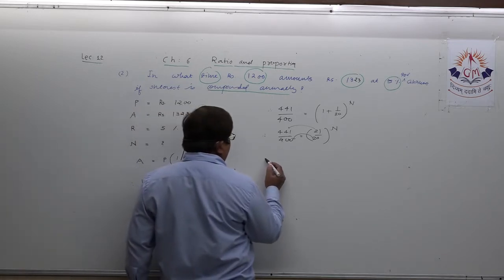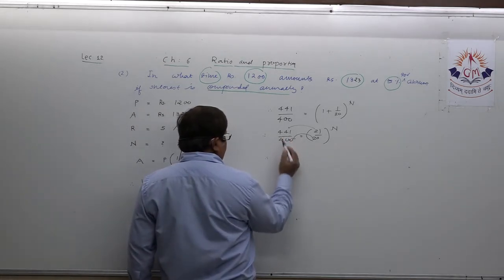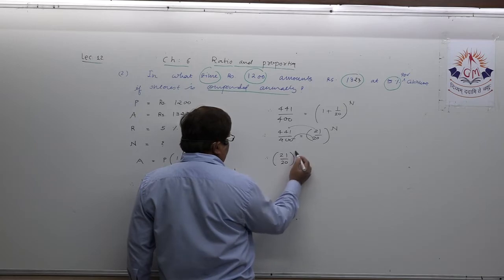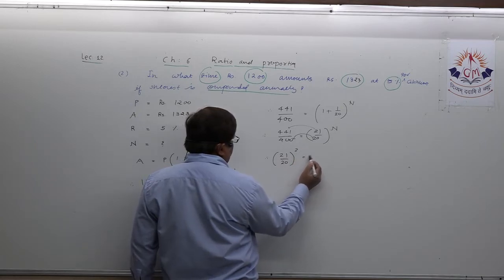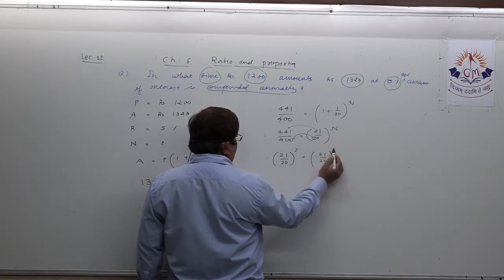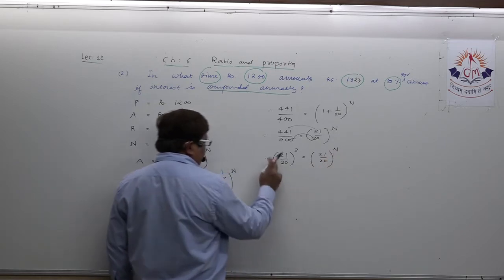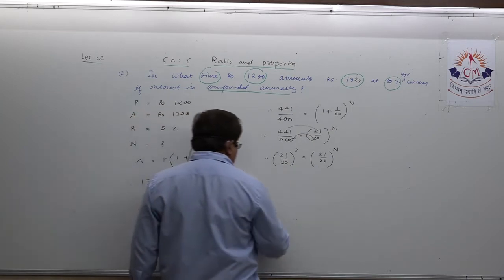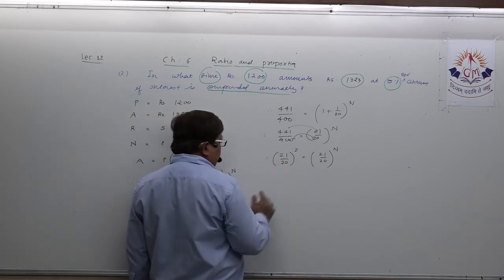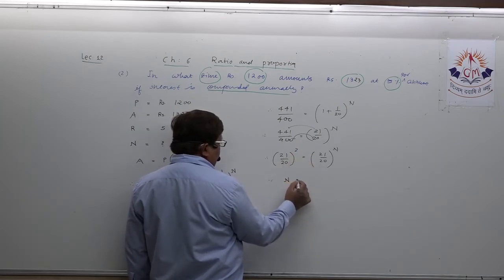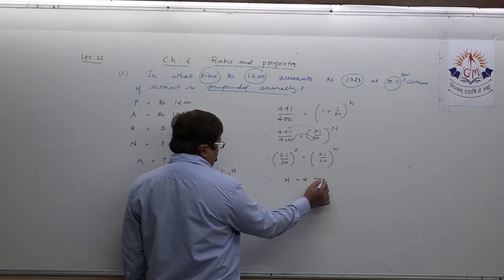So it looks like this is a square of this. I can now write directly 21 upon 20 raised to 2. This is 21 upon 20 raised to n. Same base. The equal sign suggests that both the terms are equal. So you can compare the power: n equals 2 here.